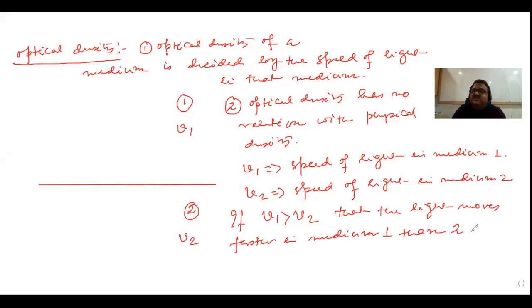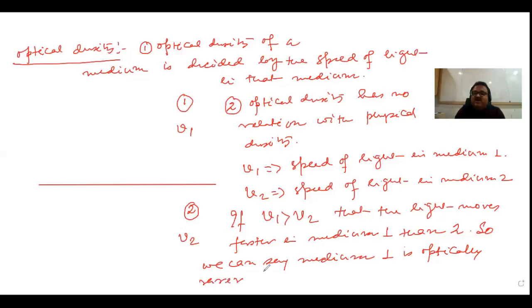So in that case, we can say medium 1 is optically rarer with respect to medium 2. You cannot say it just by it is optically rarer medium, it is optically denser medium.